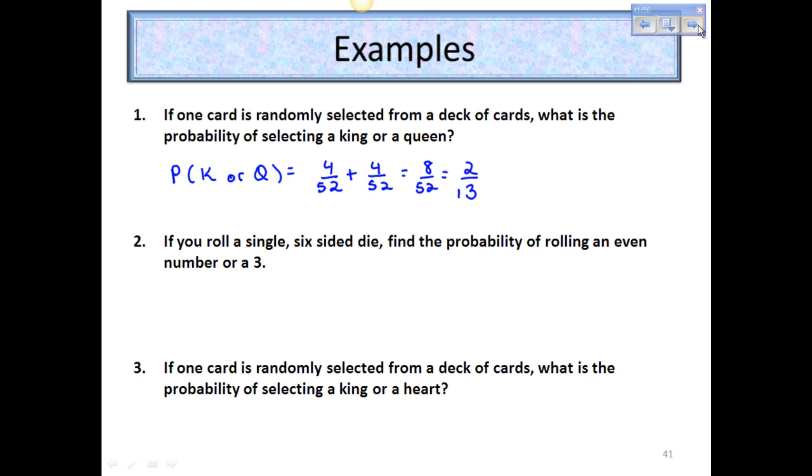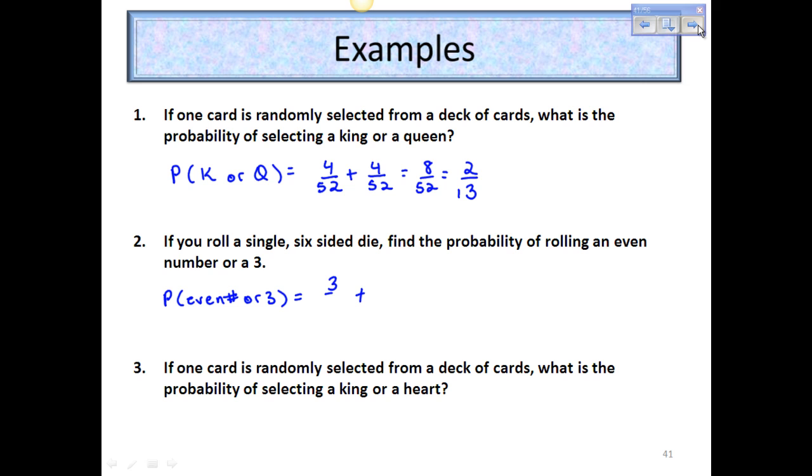On the next one, you roll a single six-sided die. Find the probability of rolling an even number or a 3. Again, since we have that keyword or, we're going to have to add something together. Find the probability of an even number. Single six-sided die, your sample space is the numbers 1 through 6. The ones that are even are 2, 4, and 6.